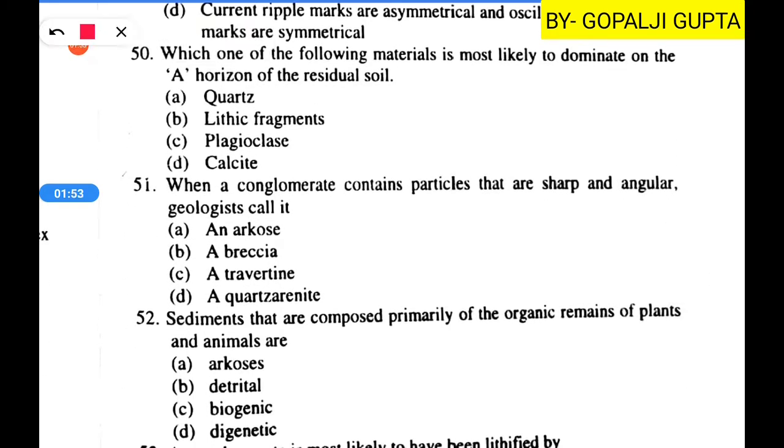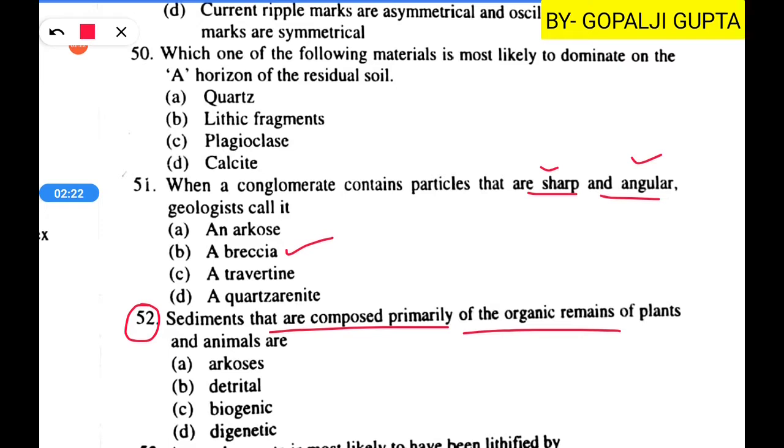When a conglomerate contains particles that are sharp and angular, it is known as breccia. Breccia and conglomerate have the same size of particles, but in breccia they are sharp and angular. Then you have the next question, number 52: sediments that are composed primarily of organic remains of plants and animals.